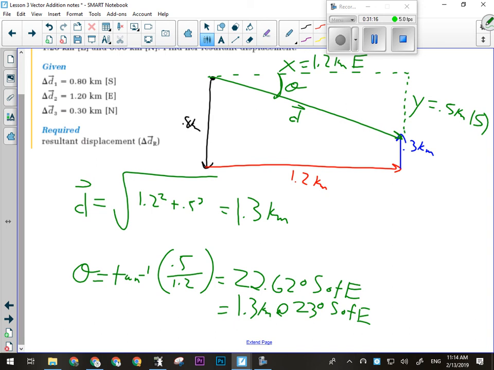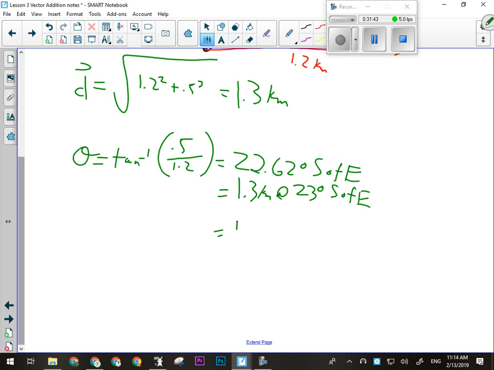Is there another direction I could give that would also be correct? Could I say how many degrees east of south? What angle would that be? 67.4. 90 minus 23 is the other angle, right? So the other angle that I could write would be 1.3 kilometers at 67 degrees east of south.